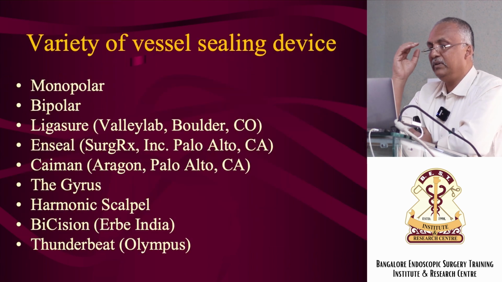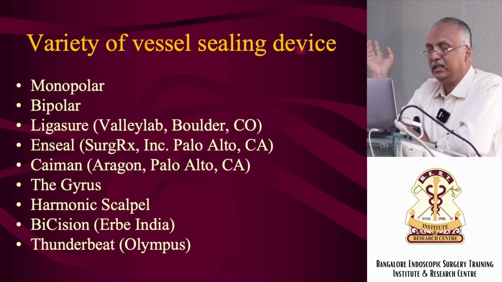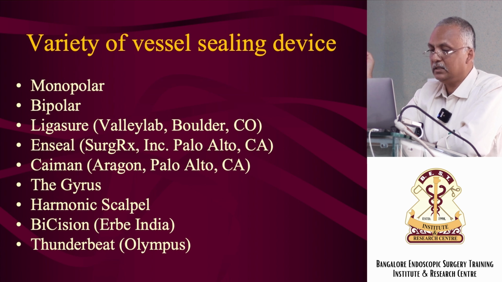Now, variety of vessel sealing devices. You can seal a vessel with a monopolar, you can seal it with bipolar, you can seal it with LigaSure, which is equipment manufactured by Valleylab, which has now become Medtronic. You can seal it with EnSeal, which was earlier manufactured by a company called SurgRx, which is now bought over by Ethicon.